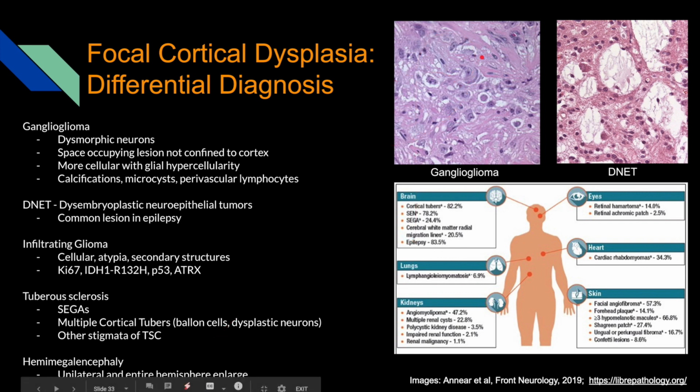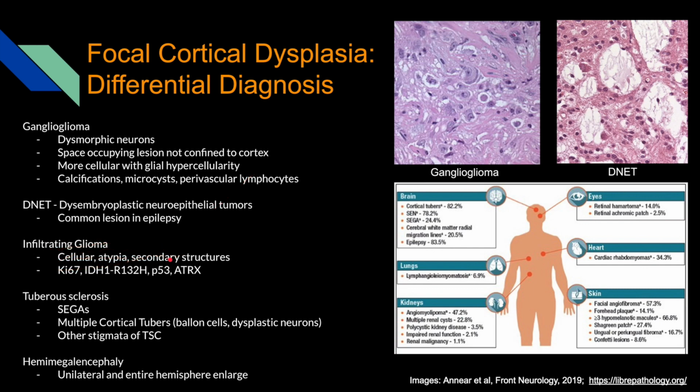This is a ganglioglioma with these very abnormal-looking, sometimes binucleated neurons, and this is a DNET with these myxoid cysts containing these so-called floating neurons. So these are very common lesions that cause epilepsy. So they're very important to consider and rule out while you're going through these specimens.